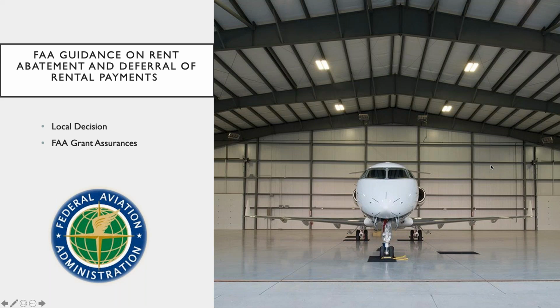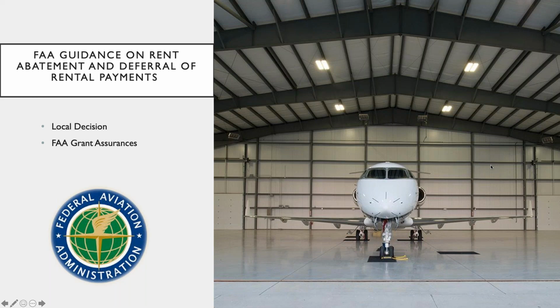In Grant Assurance 22, which is economic non-discrimination, it requires that FBOs that are using a same or similar use of an airport be subject to the same rates, fees, rentals, and other charges that are uniformly applicable.